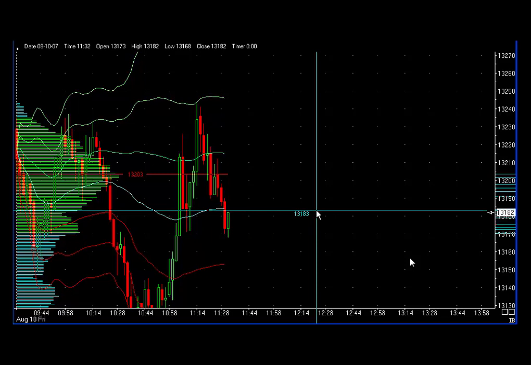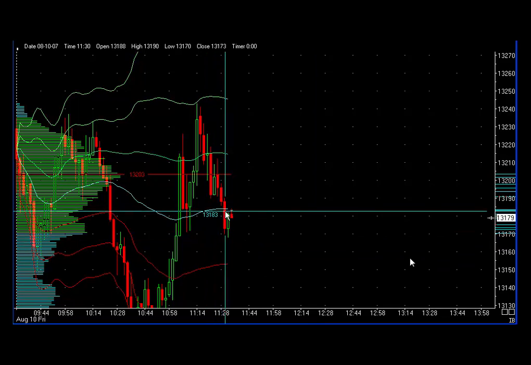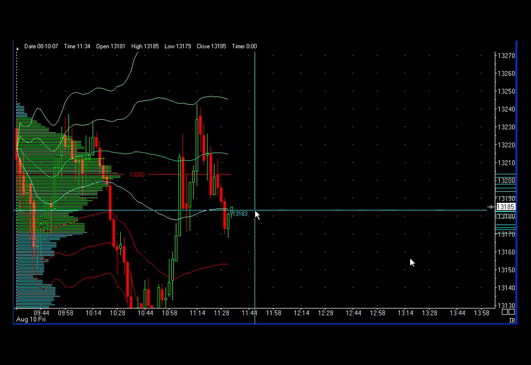So we have an up bar here, back up to 13,183. And by the way, our aggressive trader, if he'd taken a trade here at 13,183 on this down bar, would have been stopped out at break even.